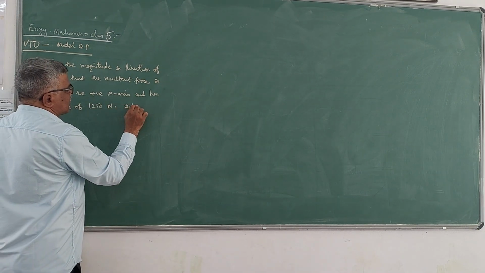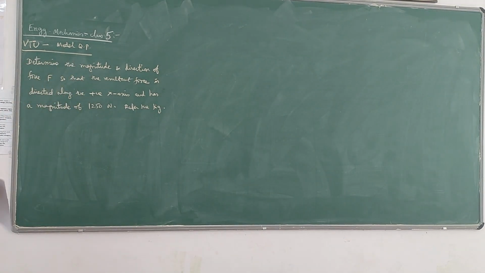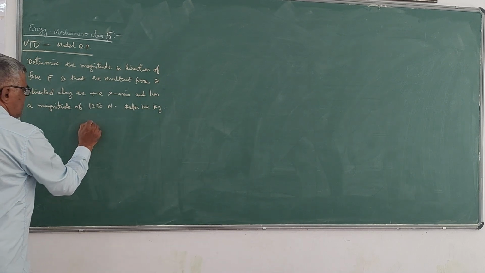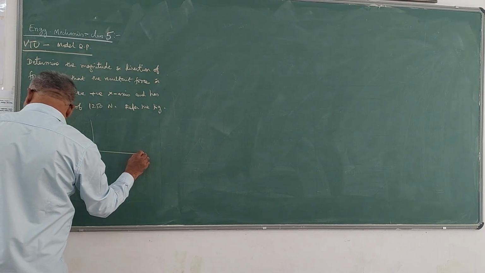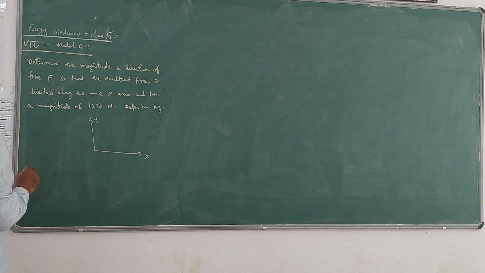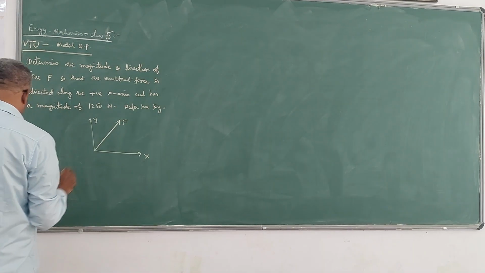Refer the figure. So the figure is given here. So this is the figure. So you have x-axis like this, y-axis like this. So a force has been given, F is like this.